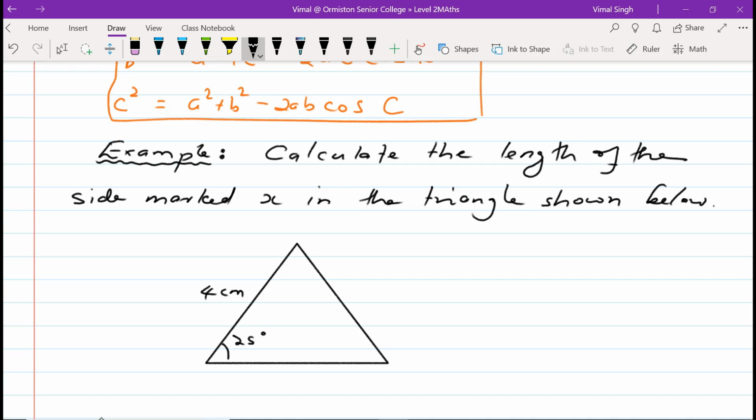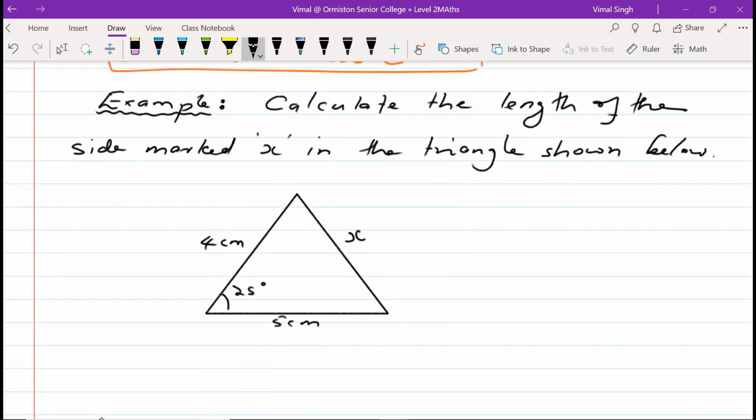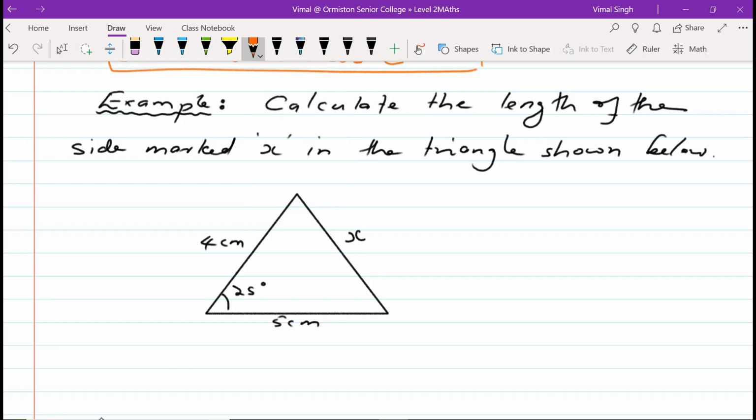This one over here is 5 centimeters, and I want to calculate this length over here. And I'm going to label this as A, B, and C.